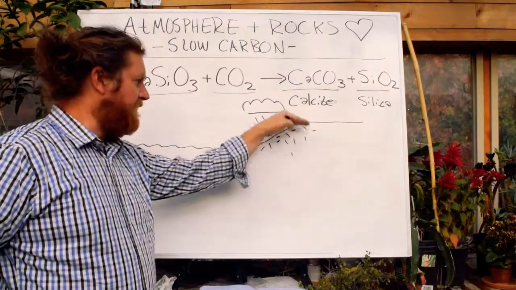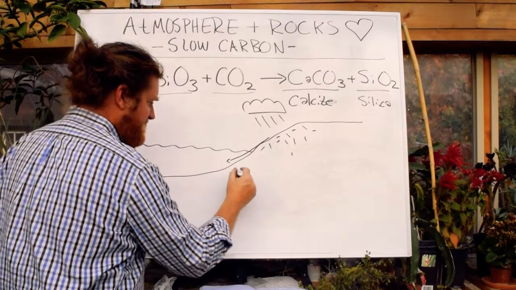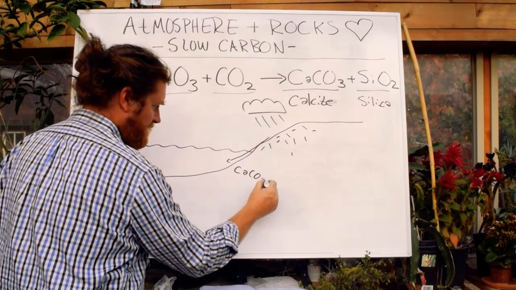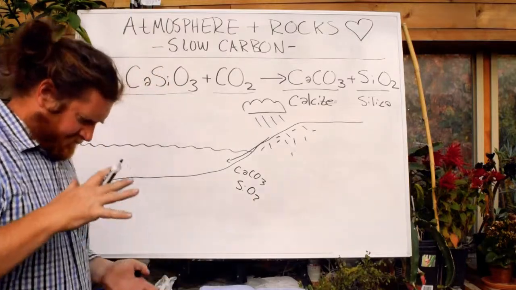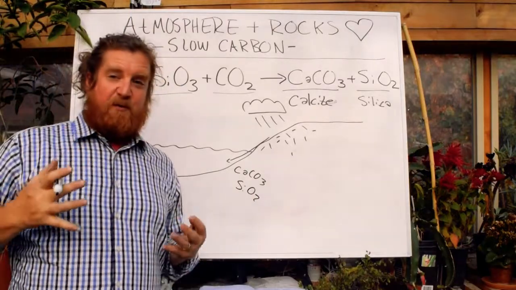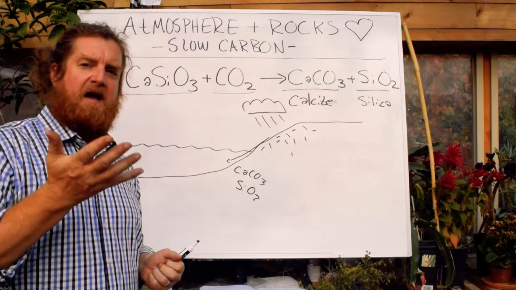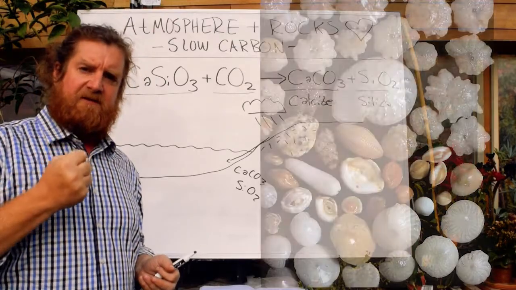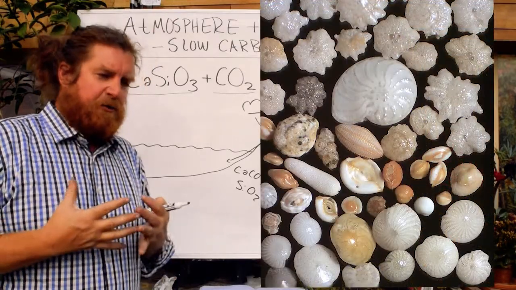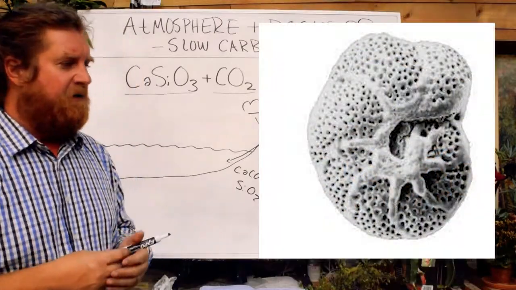So we've got our weathering going on here, and it's bringing that material into the seawater: calcium carbonate, silicon dioxide. A couple of cool things can happen here. One thing is that with water that has elevated calcium carbonate, little critters will actually absorb that from the seawater and then secrete it in mineral form, and we call those shells, right?